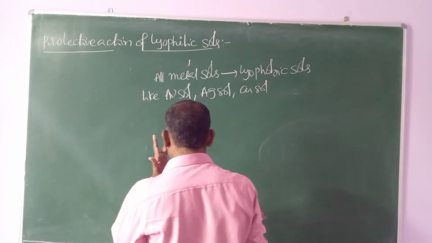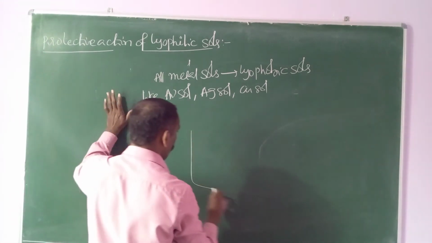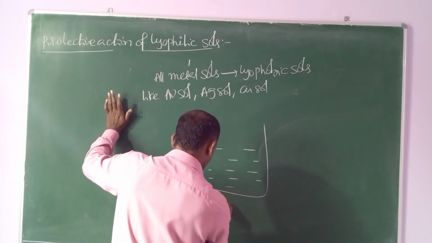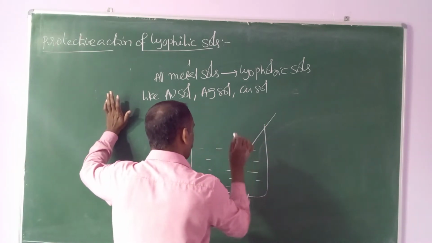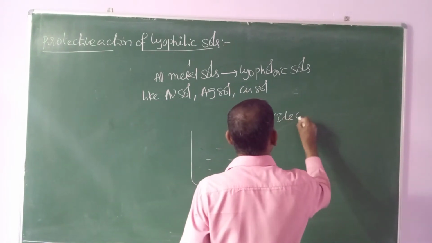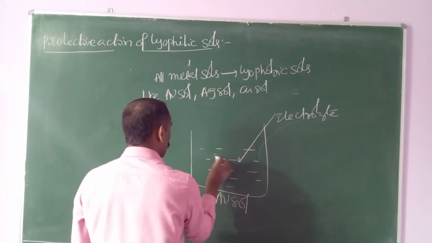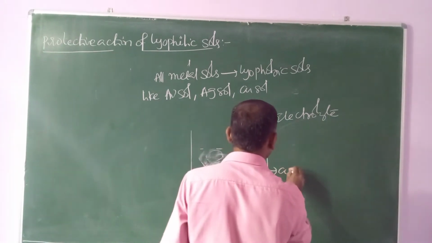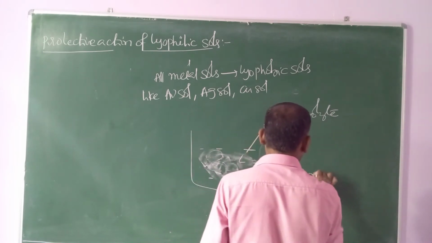Now, to this gold sole, if you add an electrolyte, it readily undergoes coagulation. Coagulation means that the gold sole is settled down.